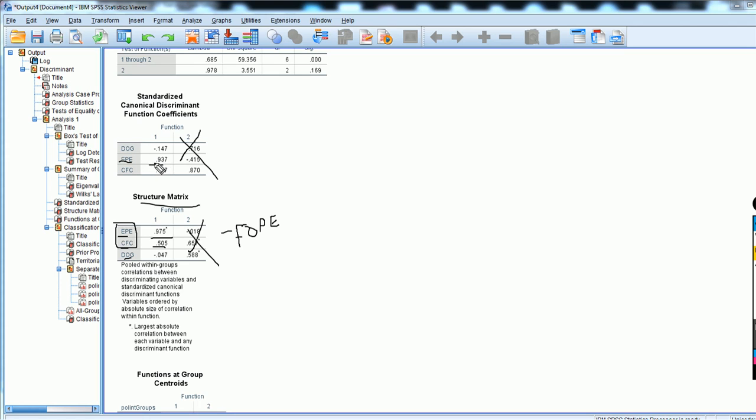And so you can see it's a high positive predictive relationship. When we look at dogmatism and function 1 controlling for efficacy and consideration of future consequences, we end up with a slightly negative predictive relationship, and it's obviously very weak here.